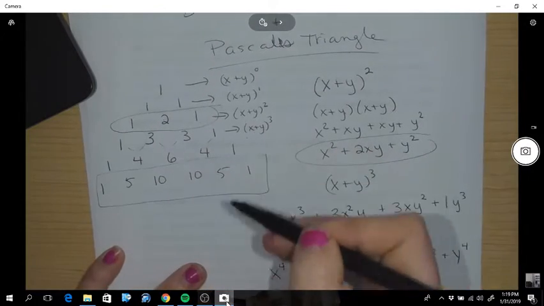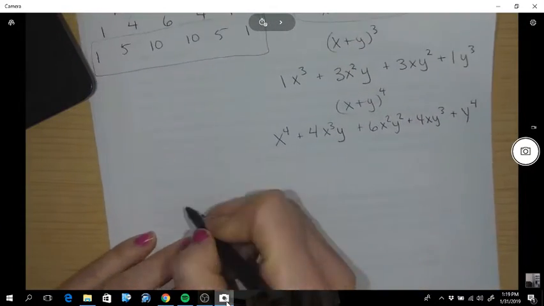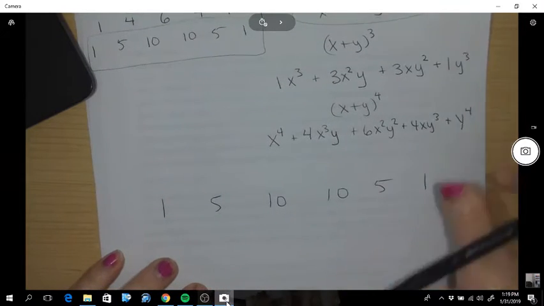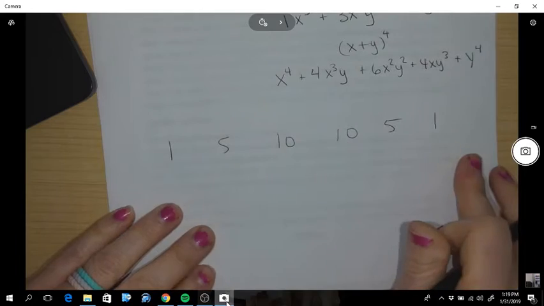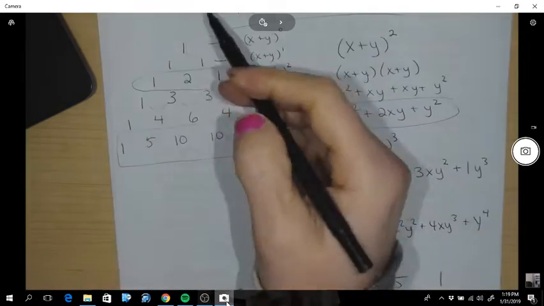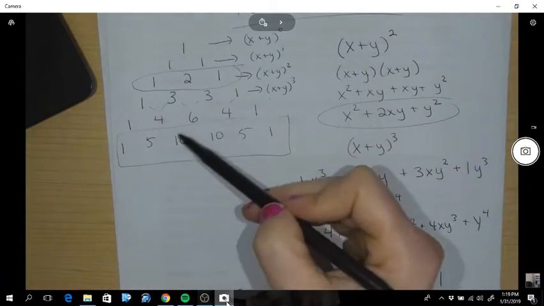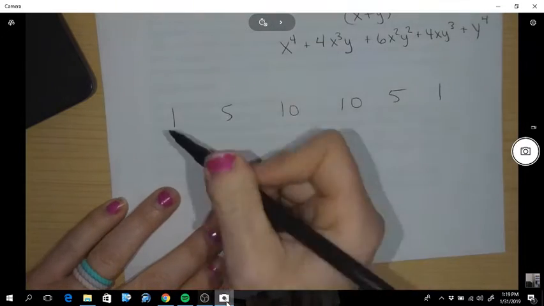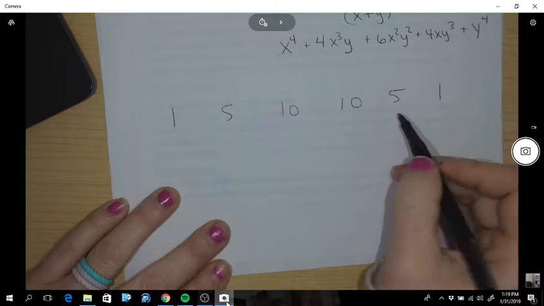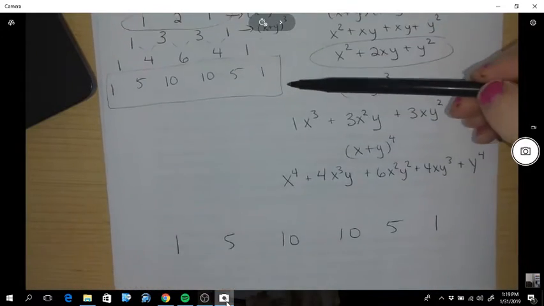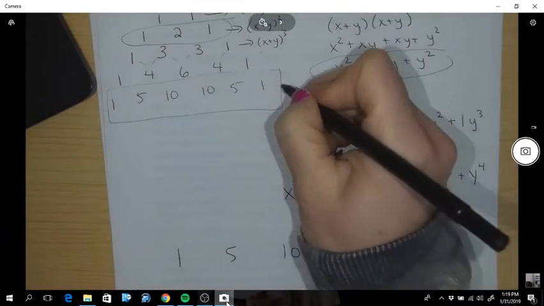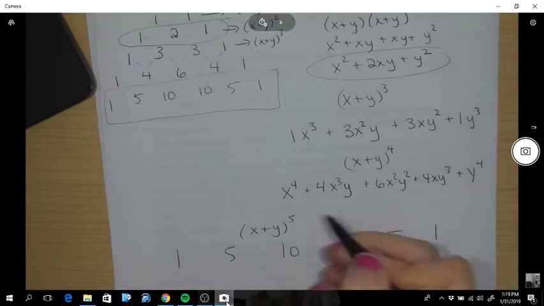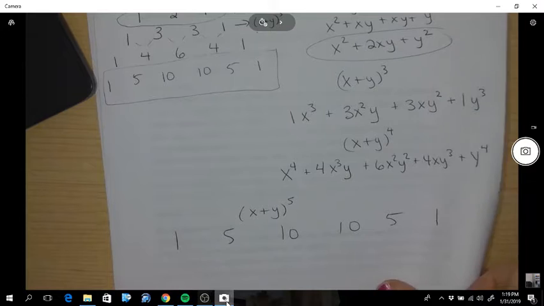Let's take this line and analyze it a bit. Where do all these numbers come from? Obviously we knew in the triangle that they came from adding, but there's another way to understand how to get this. In this line, you would understand that it came from (x + y) to the 5th, exponent 5.